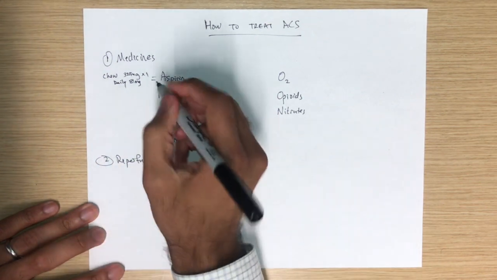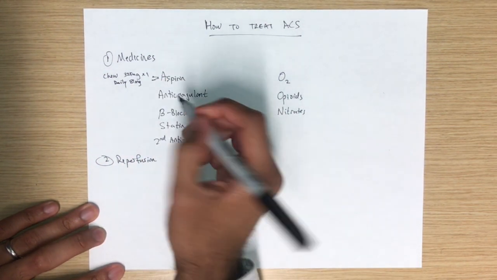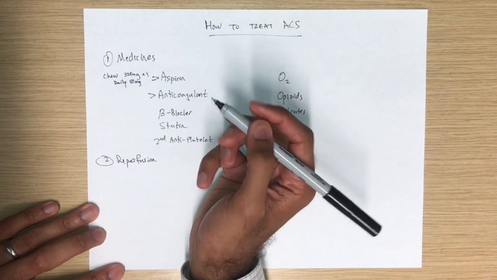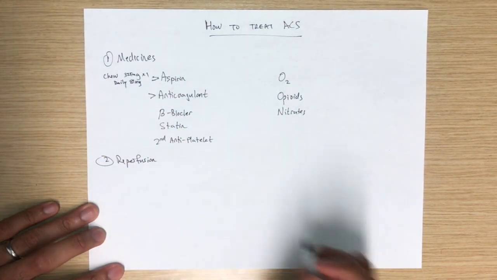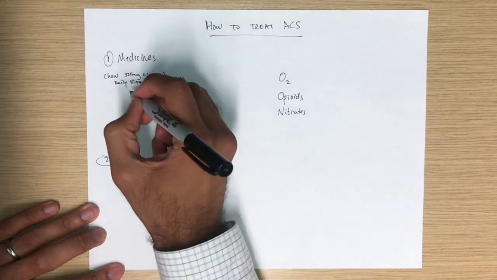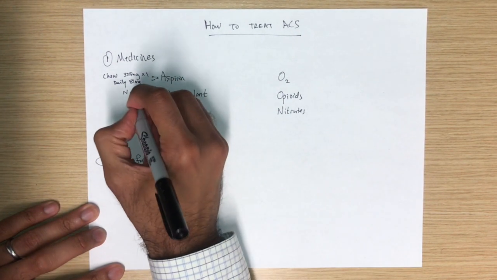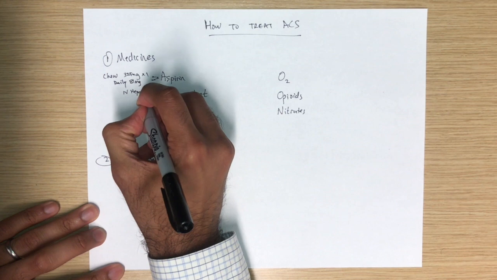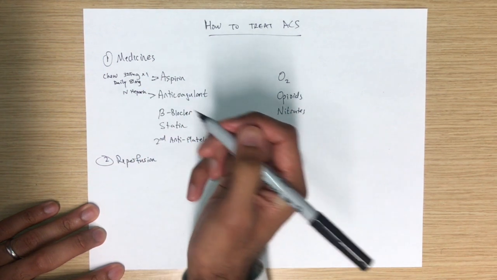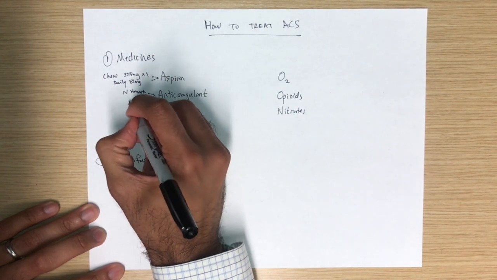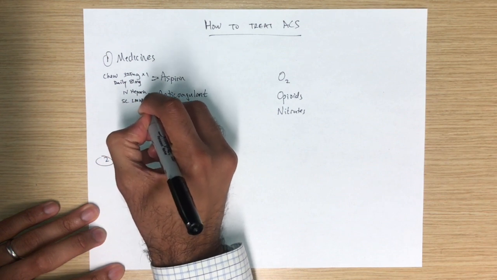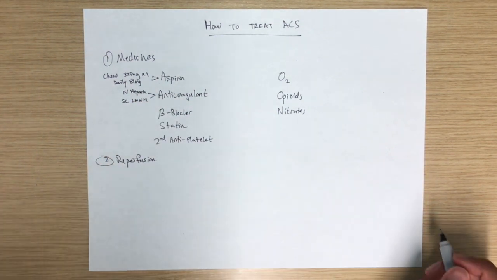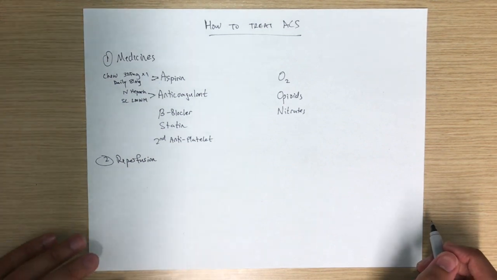As far as an anticoagulant, most of the time, if they're not already on an anticoagulant, they'll be given some sort of heparin product. Frequently it's IV heparin, which allows us to turn it on and off if they're going to go to the cath lab or something like that. You can give low molecular weight heparin subcutaneously. We tend not to do that as much here, but it's definitely something that is done.